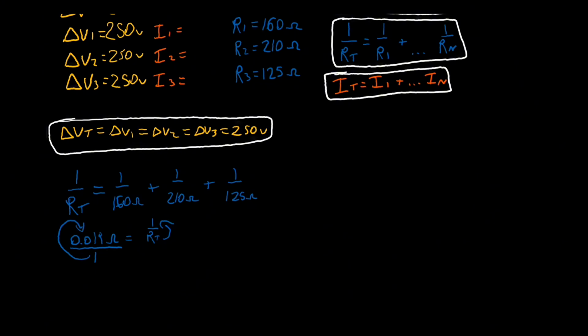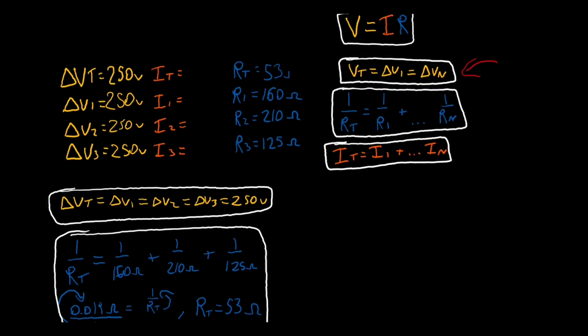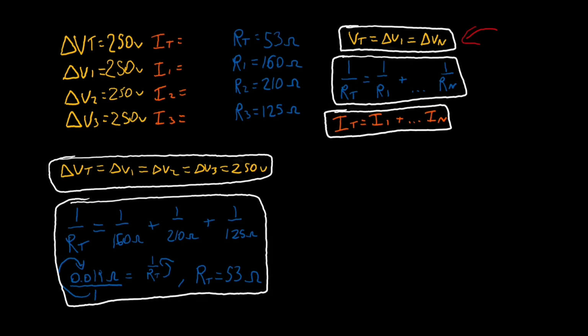So it would be 0.019 over 1. And when we do the reciprocal, we can see that it's 1 over 0.019. And so rounding to 2 significant digits, we can find that the total resistance is 53 ohms, which we can fill out for RT. And now we have found all of the voltages as well as all the resistances.